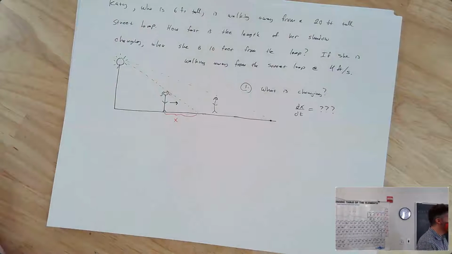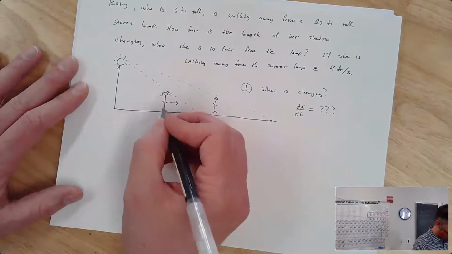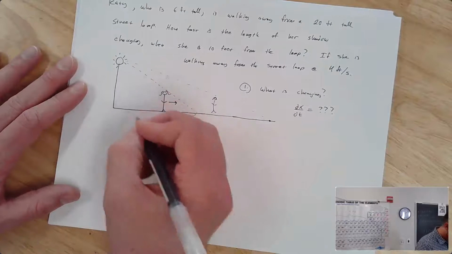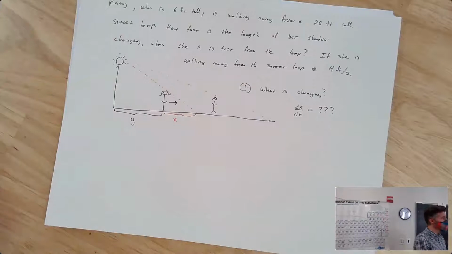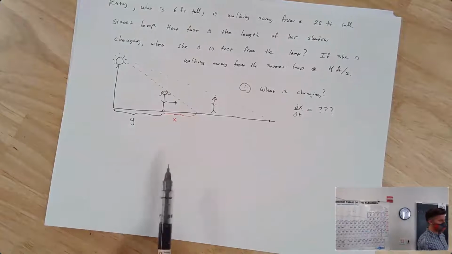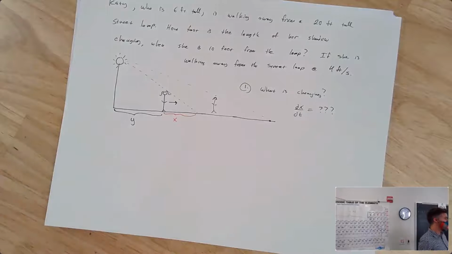But typically we have to know something. We know how fast she's walking, but what am I going to call that? I probably need to label the distance between her and the street lamp. Because if you have your distance to some stationary object, the street lamp isn't moving, Katie's distance from herself to the street lamp is changing at the rate she's walking.